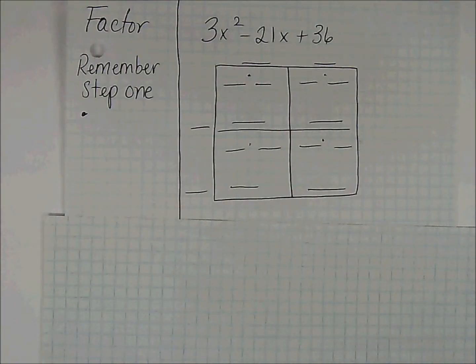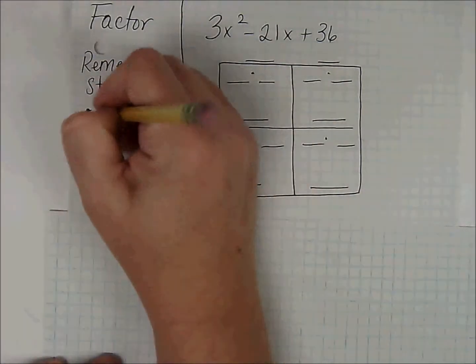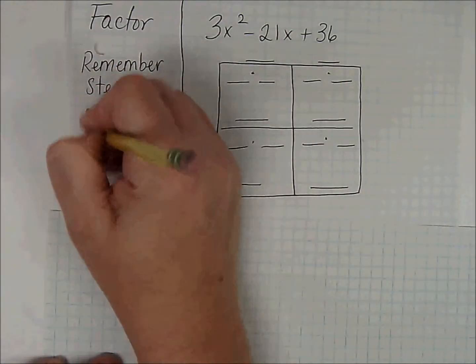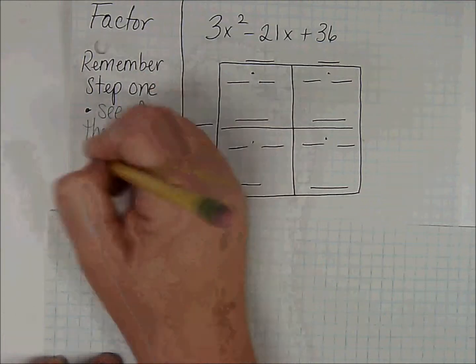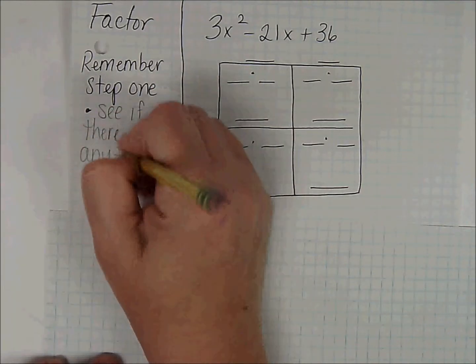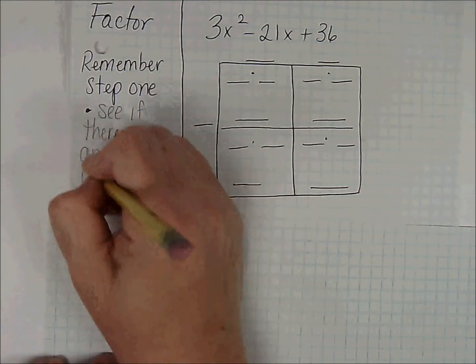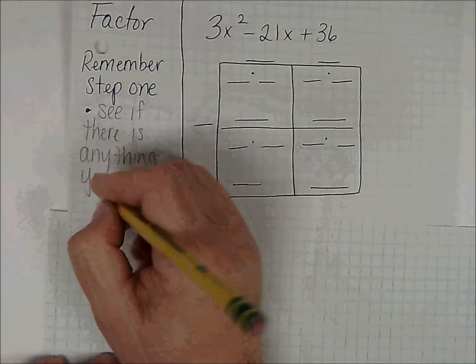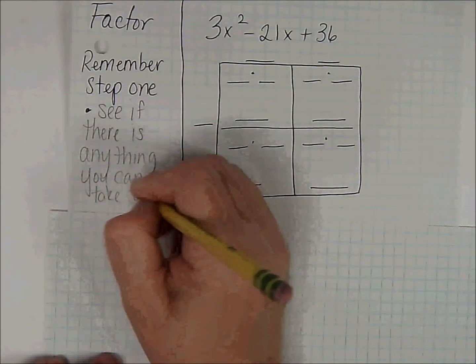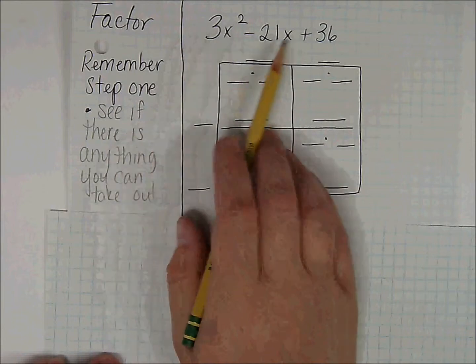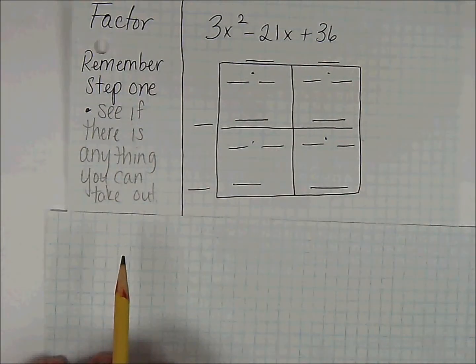Again, we're going to be factoring, and our step 1, remember step 1, is see if there is anything you can take out. And that's of every term. Looking at those 3 terms, is there something we can take out?